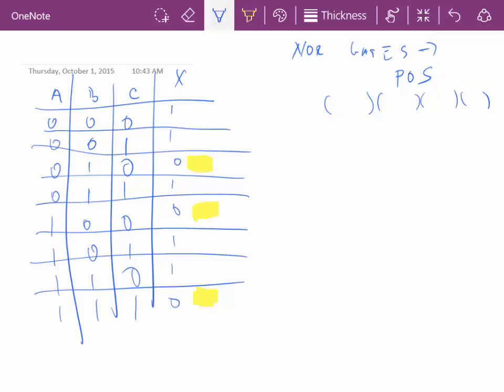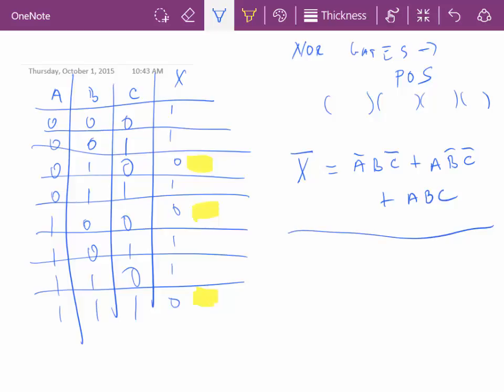So if I read that out, the function x naught is equal to A naught B C naught, or A B naught C naught, or A B C. That's what the function is not.